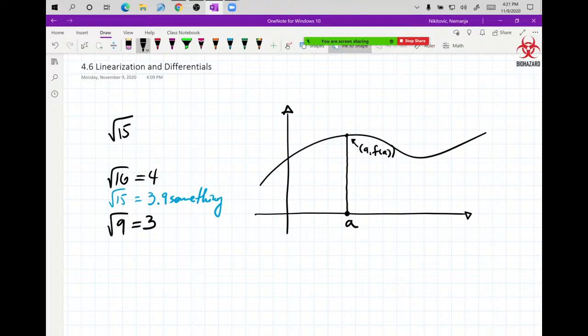So you're looking at this and say, if I find the tangent line at the convenient point to compute, that is as close as possible, then that tangent line will align itself nicely. Let me draw the tangent line.